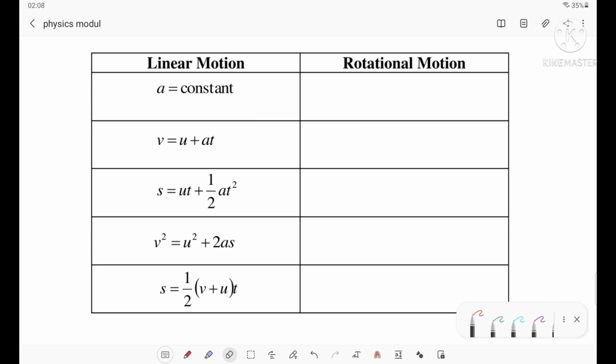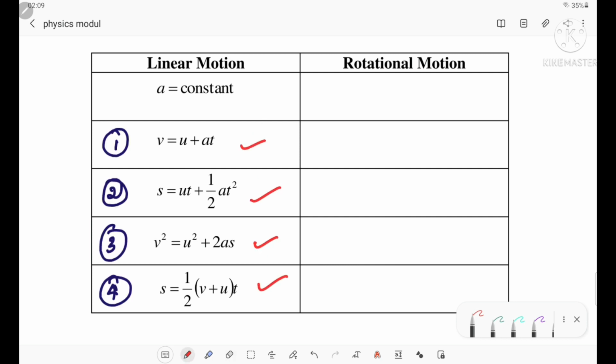Okay, next we have the comparison of equations of linear and rotational motion with a constant acceleration. As you know, we have the four main equations that we learned before in chapter 2. Now for the comparison between the linear motion and the rotational motion, the alpha, or angular acceleration, is also constant.